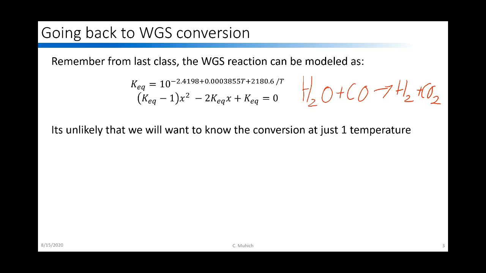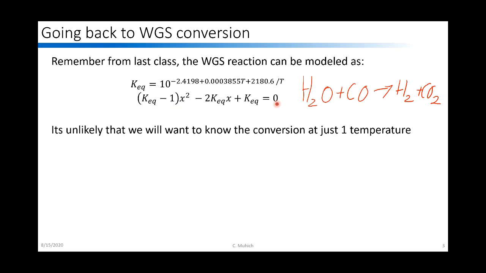We said we could model the behavior of this reaction, so how much the reaction goes forward, using our equilibrium constant shown here by this equation, and that we could look at the yield by solving this bottom equation.